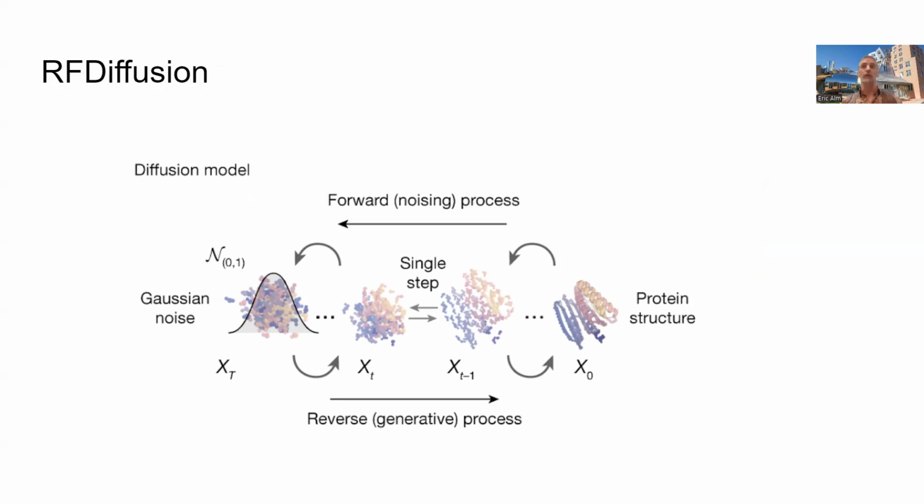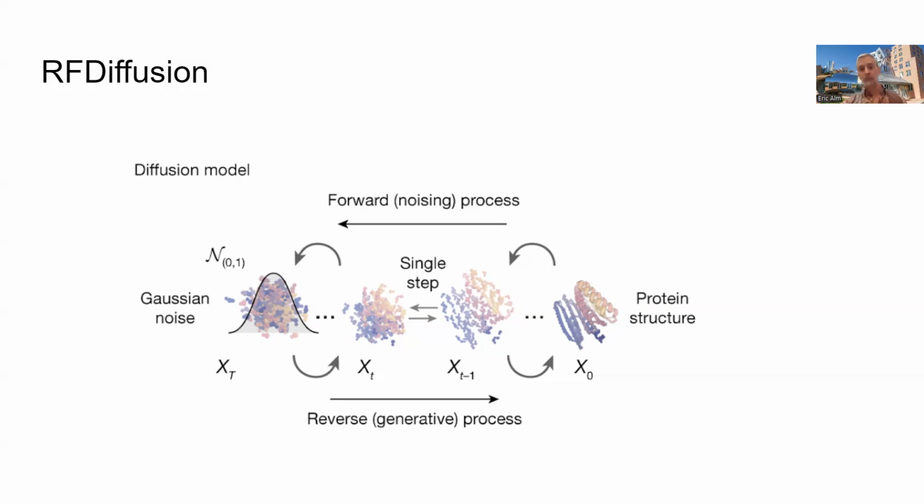But we can also use that for protein structures. And so here you see the same process where they've taken all the atoms in the protein and they've moved them around. They've added Gaussian noise to the positions of those atoms, and then they've also added noise to the rotations.